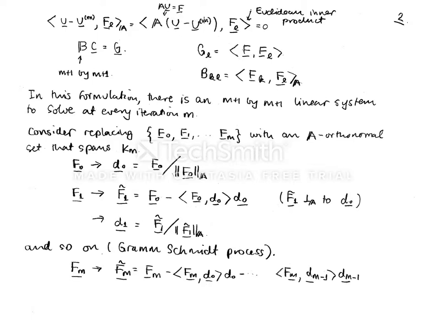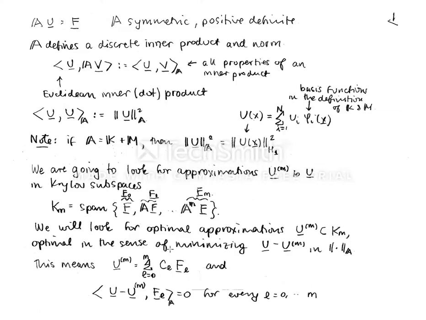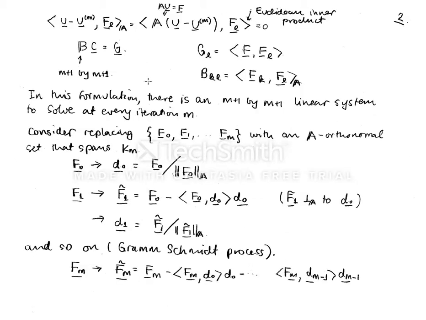So if I roll everything together, you're going to get a system of linear equations for the coefficients of the approximation. It's going to be a little bit like a mass matrix kind of idea, right? I want the right-hand side f.